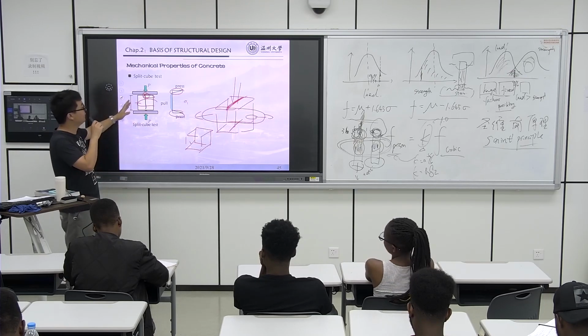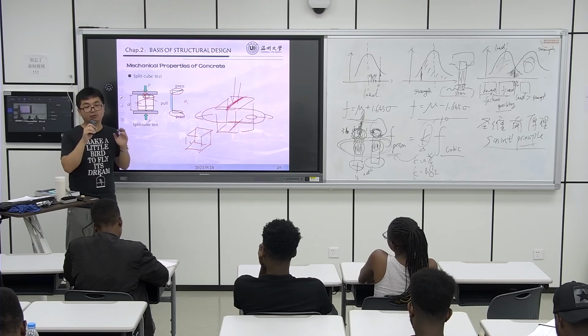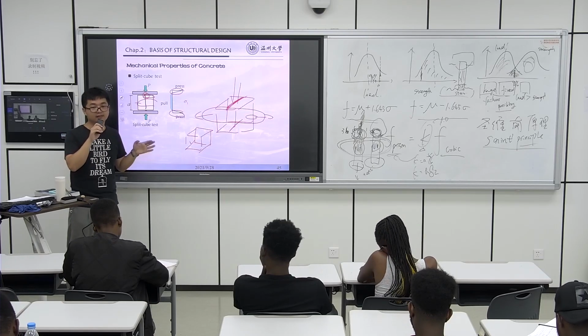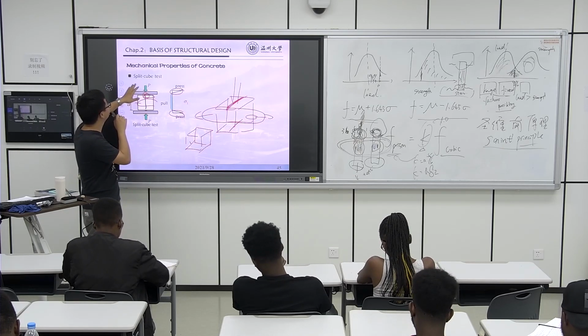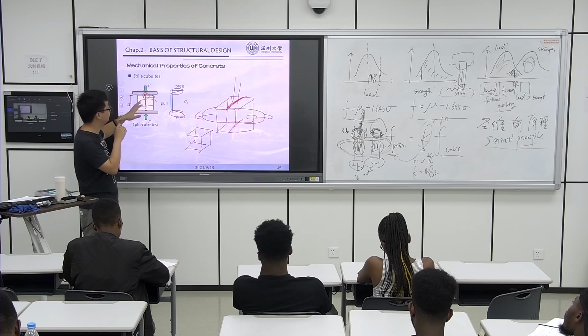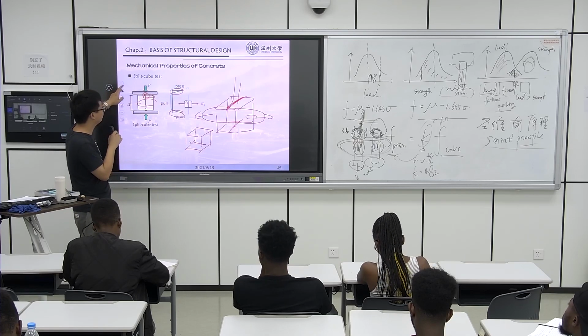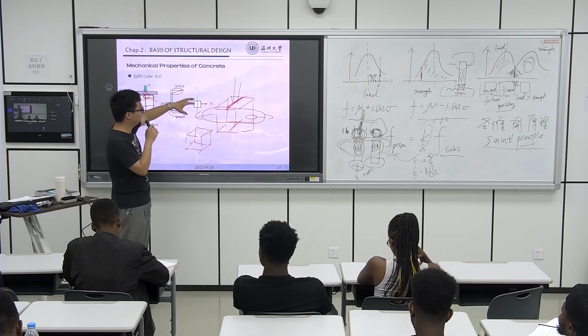I introduce this here only to let you know there are different ways that we can compare specimens in the tensile stress state. And here is the split cubic test. You can imagine this is a really soft material.